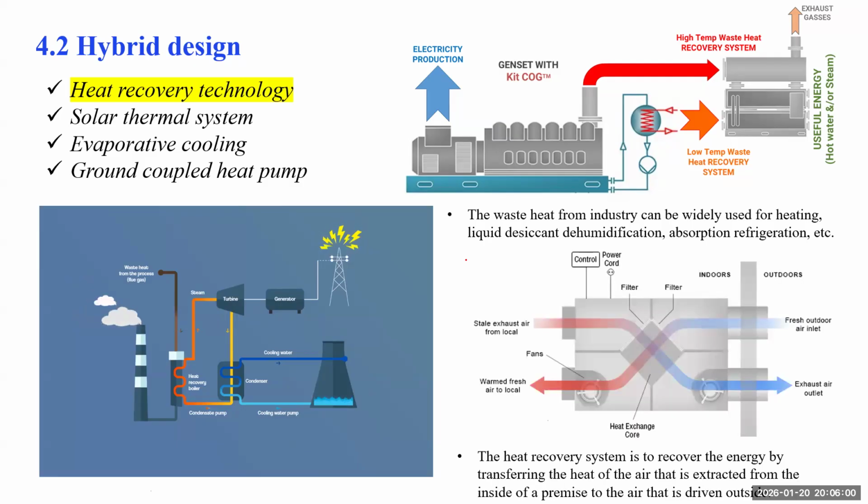Even our central air conditioning system is a heat recovery system because, for the supply air for this room, 80% is the recycled return air of this room. Because the air in this room in summer is cold, we keep it. An all fresh air air conditioning system would be very energy demanding, so usually we just replace 20% of the supply air. So we try to make use of the return air, which is also a heat recovery strategy.